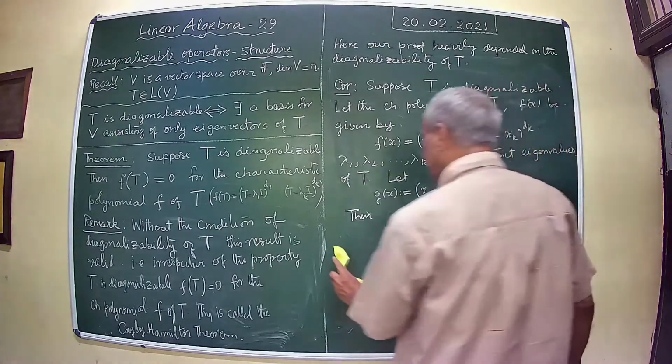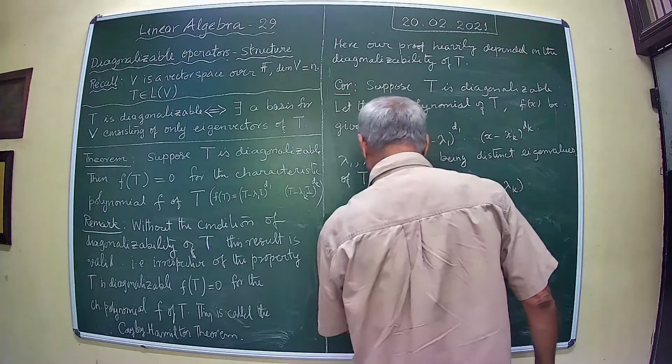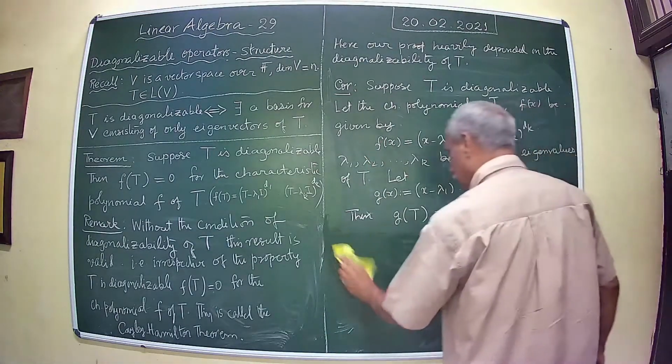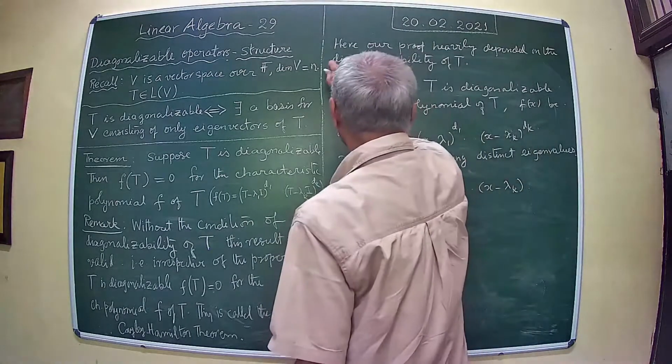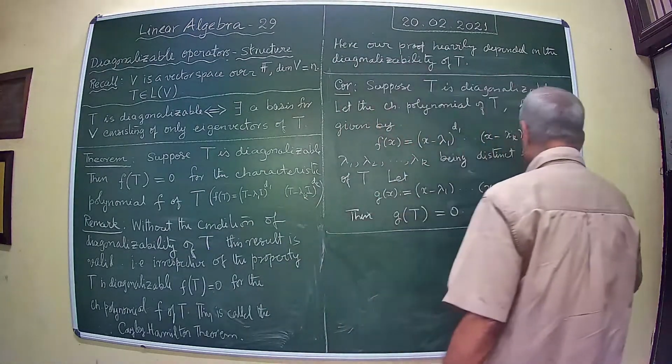Although f(T) will have this property, g(T) may not. This is a distinct point. Okay. Now this is a very important lesson. So we shall recall this.